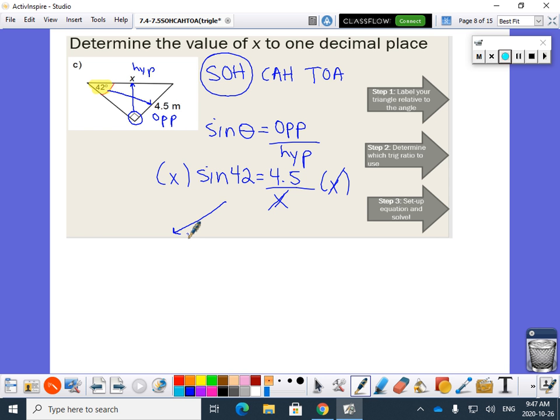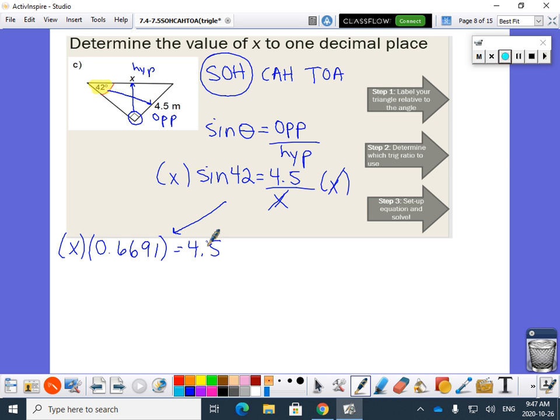You would have x times sine 42. Everyone put that into their calculator for me and round to 4 decimal places. You should get 0.6691 x equals 4.5. Are we okay with that?